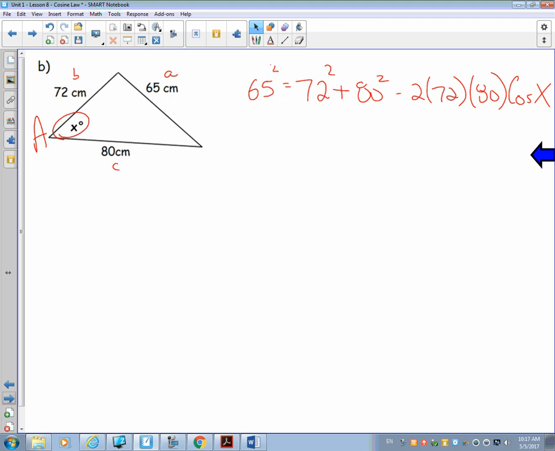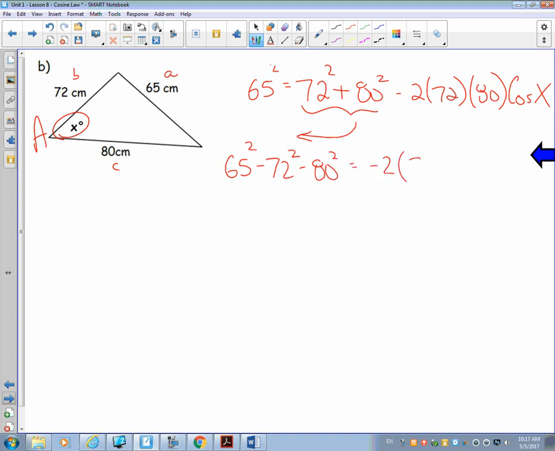So to get it by itself, I need to move these two things over here: 65 squared minus 72 squared minus 80 squared. And I'll be left with negative 2 times the 72 times the 80 times the cos x. Remember, my objective is to get x by itself. So again, I need to do a little bit more rearranging. I need to figure out what this number is. It's one big long number all multiplied together.